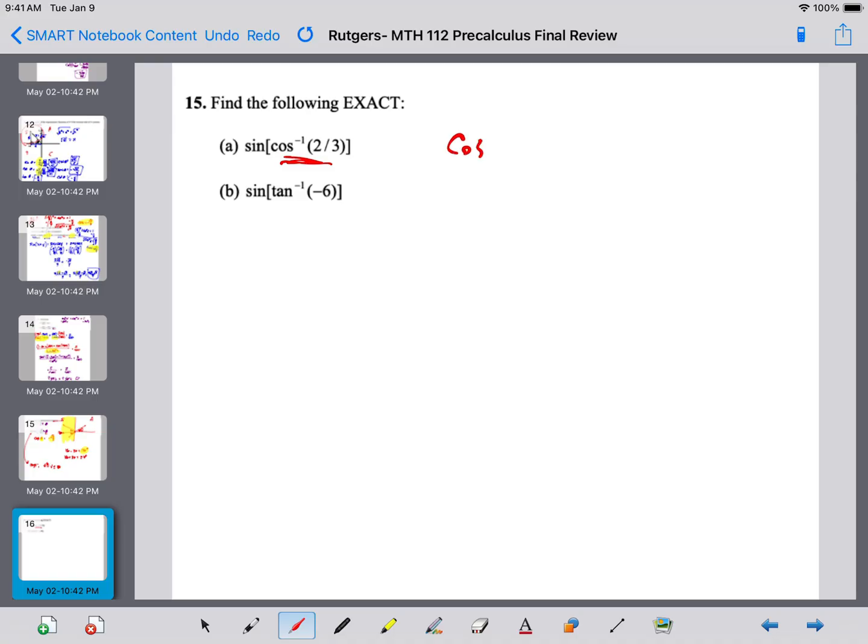So cosine of the inverse of cosine of 2/3, that's essentially saying cosine of theta equals 2/3, and now we want to find the angle for cosine of theta equals 2/3. This isn't a calculator question.